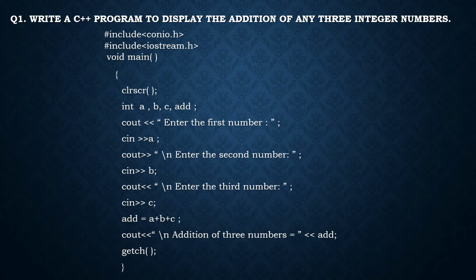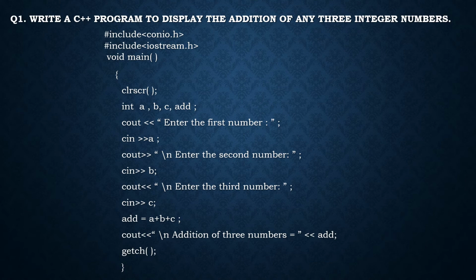You remember this: cout is for display, cin is for input. Cout for out, cin for input. The first value will be stored in variable a.